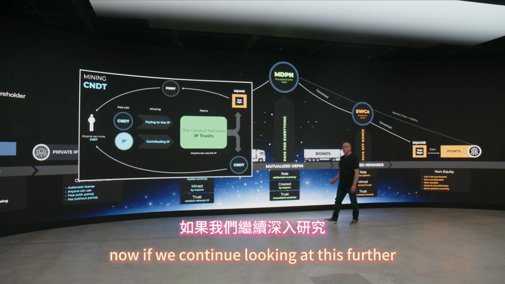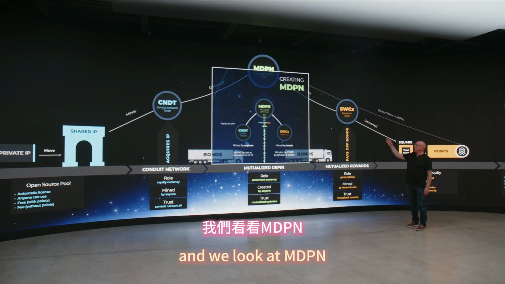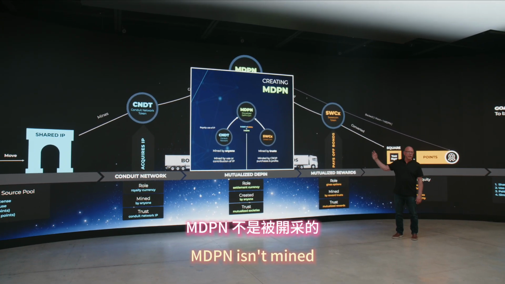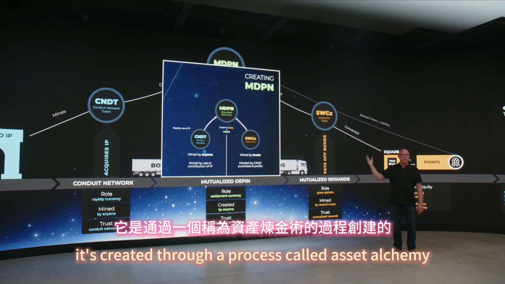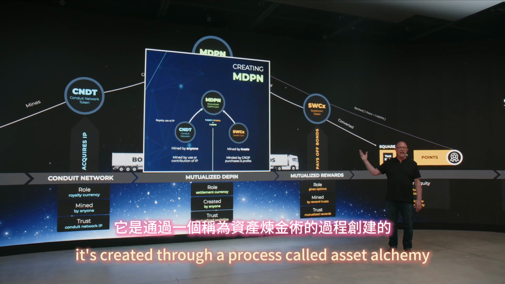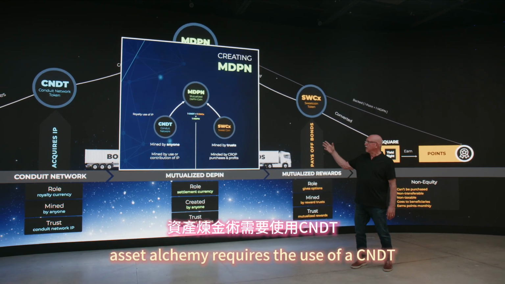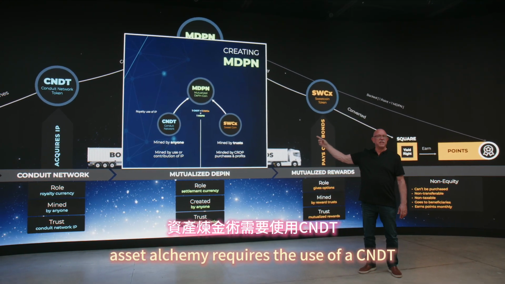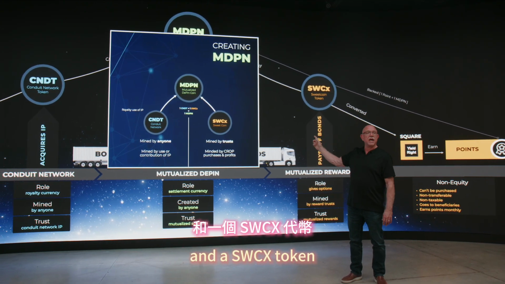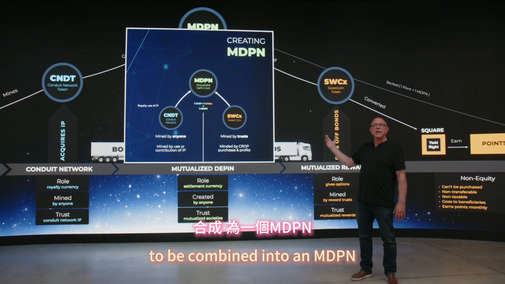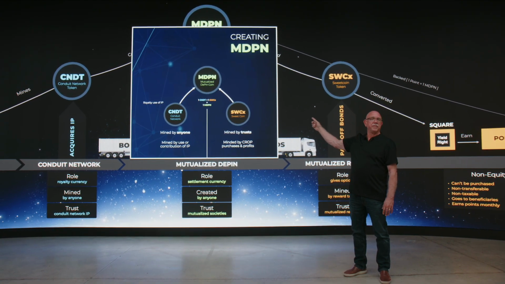Now, if we continue looking at this further, and we look at MDPN. MDPN isn't mined, it's created. It's created through a process called asset alchemy. Asset alchemy requires the use of a CNDT and a SWCX token to be combined into an MDPN.